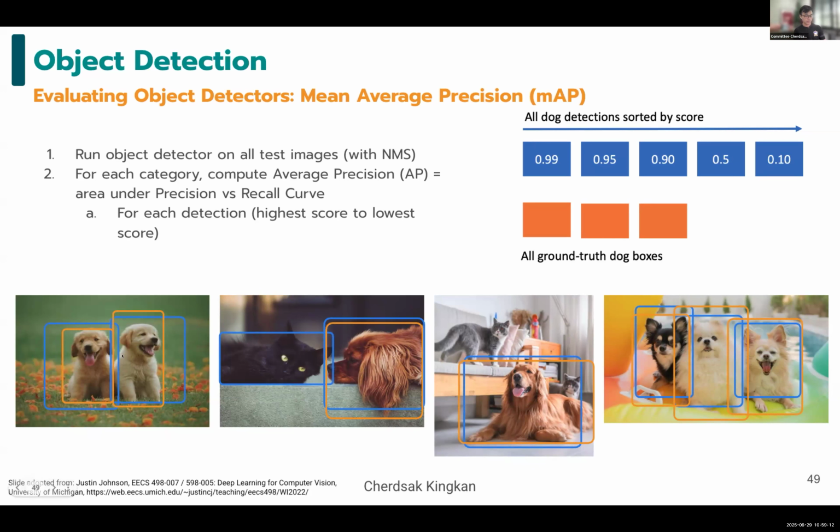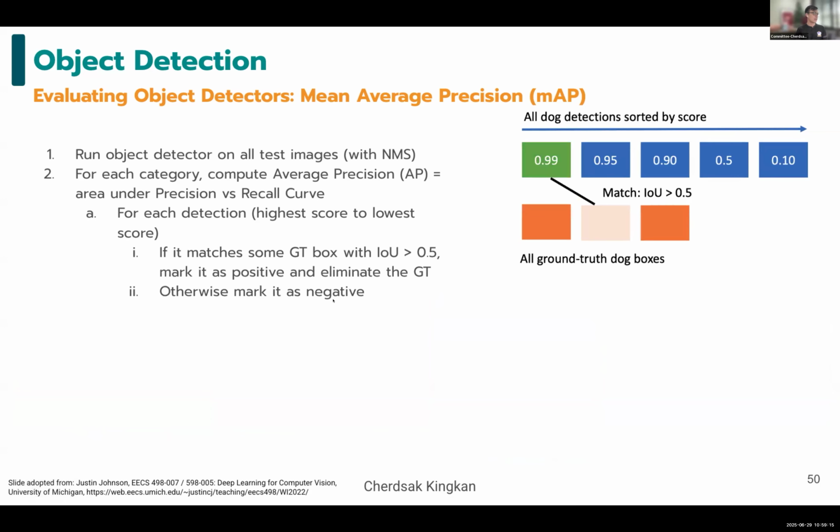For each detected region, which we have already sorted from the highest score to the lowest score, if it matches some ground truth and that match has an IOU greater than 0.5, we mark it as a positive and eliminate the matched ground truth.